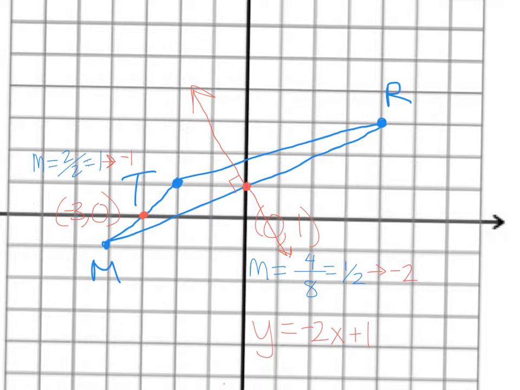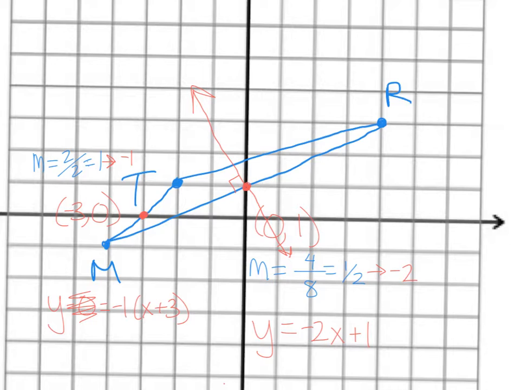So my slope is -1, and the point I'm using is -3, 0. I'm going to put this into point-slope form. So I have y minus 0 equals -1 times x minus -3, so that becomes a +3. I don't really need to write this -0 because it's not doing anything.